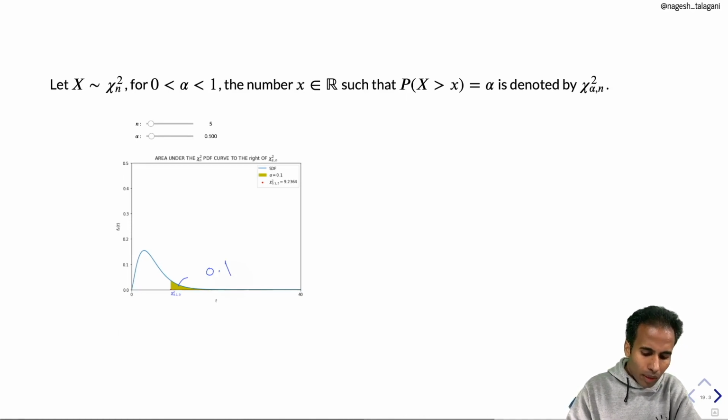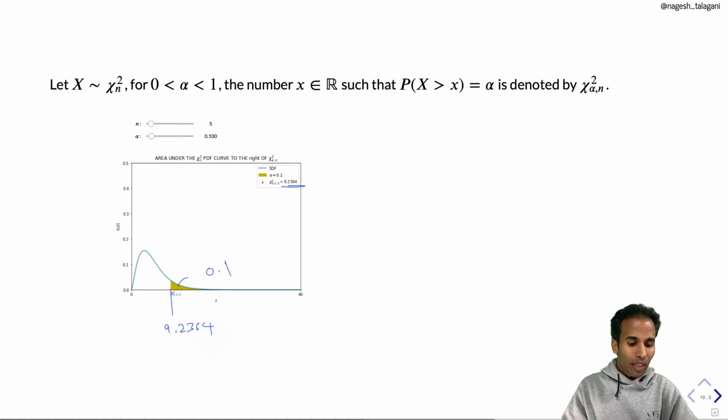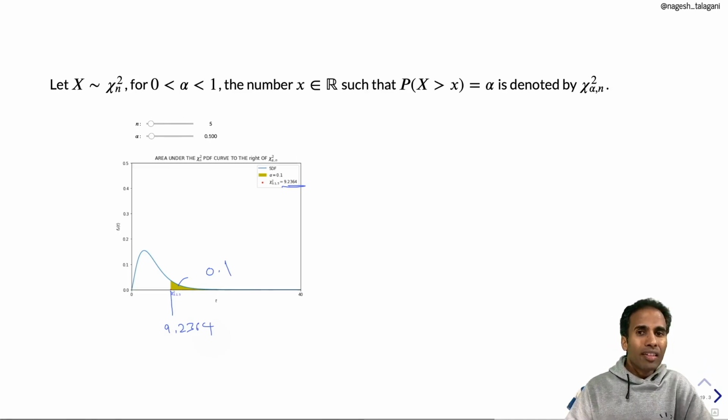So this chi-square 0.1, 5 value we got here is 9.2364. That means the area covered from this 9.2364 to infinity under this PDF of chi-square distribution with 5 degrees of freedom is 0.1. You can get these chi-square alpha, n values like this through this application, or you can use some Python commands.